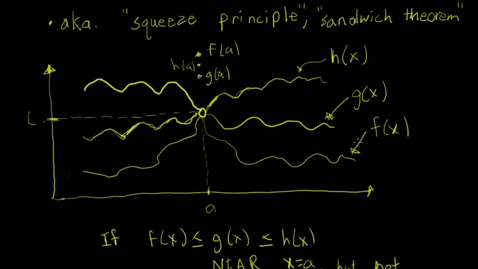And if these two outer functions, f of x and h of x, have the same limit as x tends to a, then you can say g of x has that same limit as well.